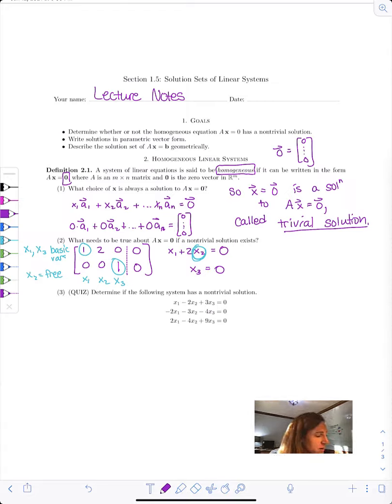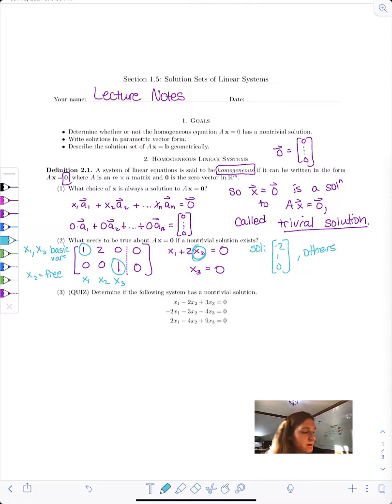But here, because we do have this free variable, we might let x2 equal 1, and then we'd see that x1 would be -2, and we'd get a new solution. And actually we have others.